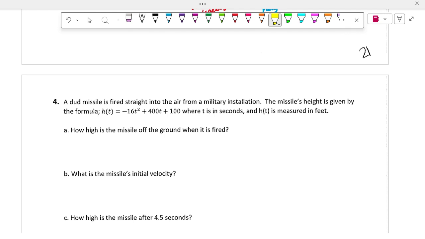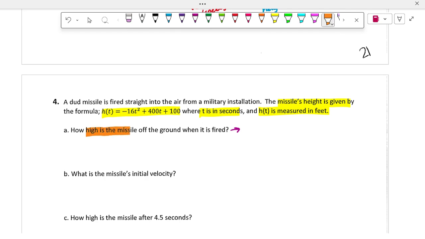A dud missile is fired straight into the air from a military installation. The missile's height is given by this formula, where t is seconds and h of t is measured in feet. So first question, how high off the ground is the missile when it is fired? So what am I looking for specifically, key feature wise?